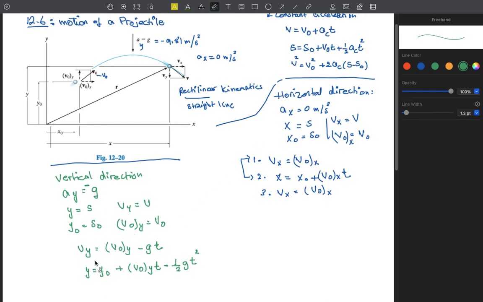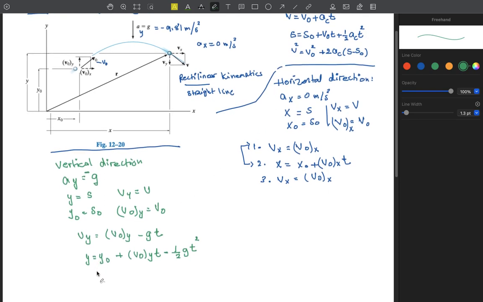And the third equation, similarly, the final velocity squared in the y direction equals the initial velocity squared in the y direction minus 2g multiplied by the final position in the y direction minus the initial position in the y direction. So these are our three equations. This is 1, this is 2, and this is 3.